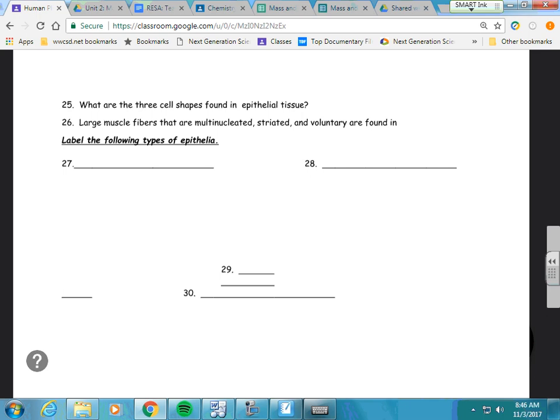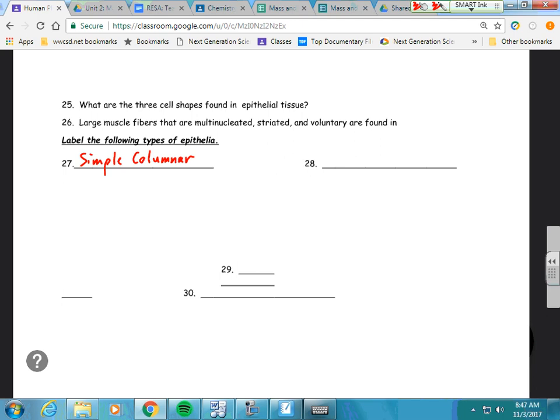So number 27, do those look flattened? Do they look cuboidal? Do they look columnar? How many different layers of them are there? Just one. So if it's just one layer, we know that it's called simple. And they're column shaped, so columnar.